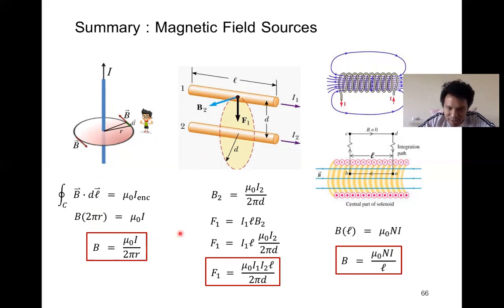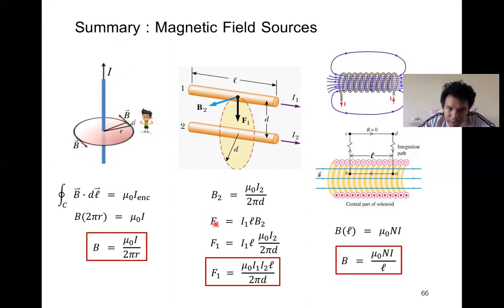And we try to apply this magnetic field in other cases, such as the case of two parallel lines. Here, if I try to calculate the force F1 acting from the magnetic field of the second wire, I2 will generate the magnetic field B2, and then I1 is sitting in B2.